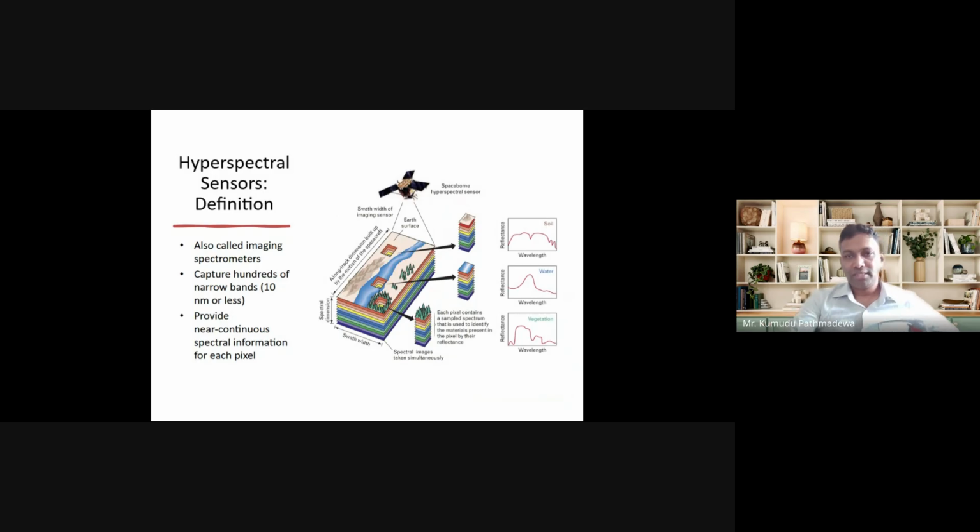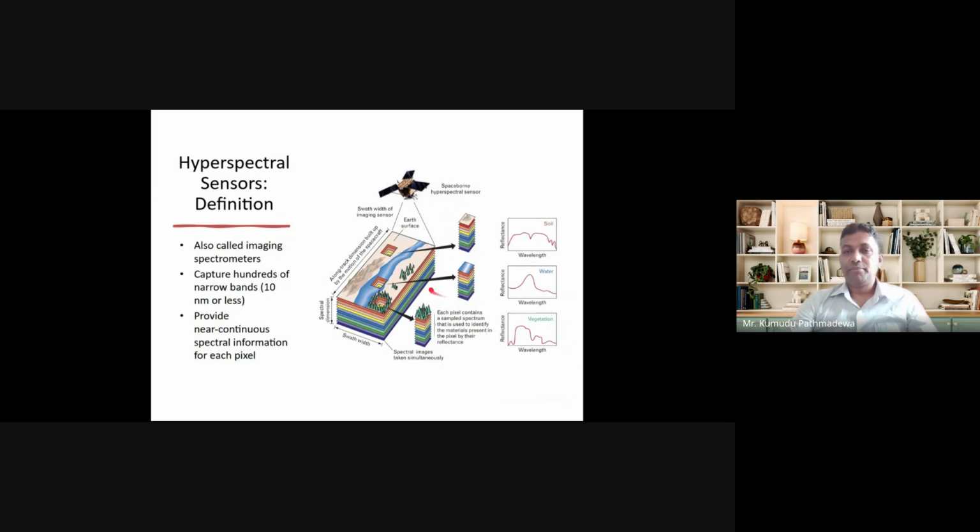But hyperspectral sensors capture hundreds of very narrow bands, providing a continuous spectral signature for each pixel. You can see in this image that there are many bands in a single image. So a hyperspectral image consumes more memory, since a single image may have 100 to 200 layers.